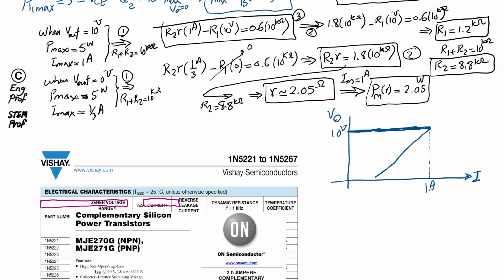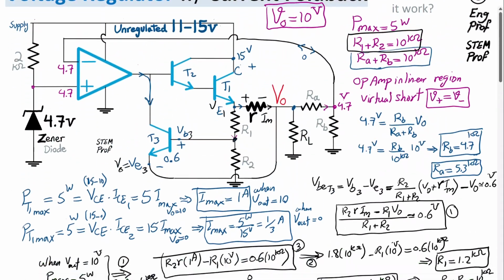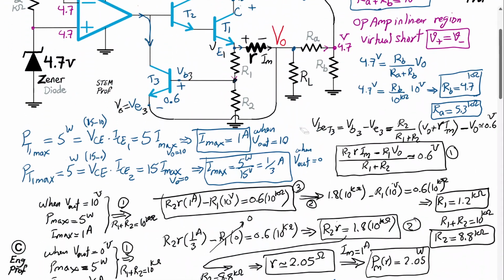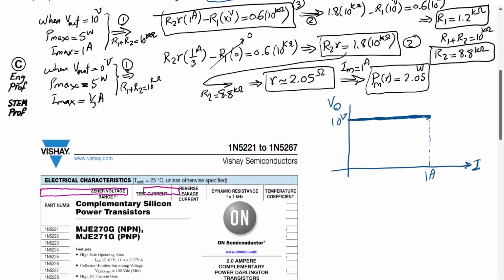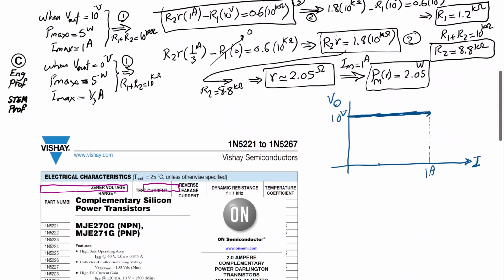At the worst case scenario of output shorted, the current will get to 1/3 of an amp, as I showed here. This is the way that foldback is working.